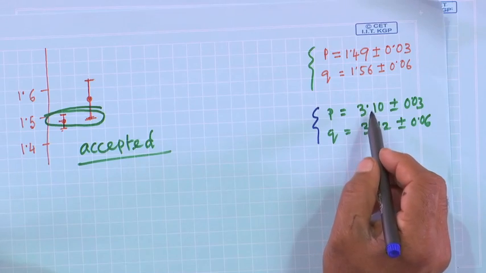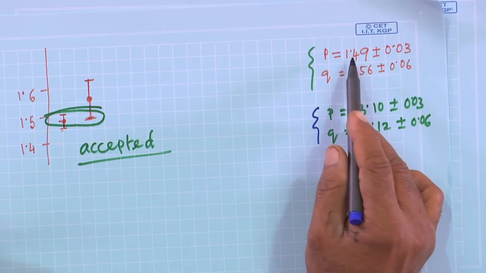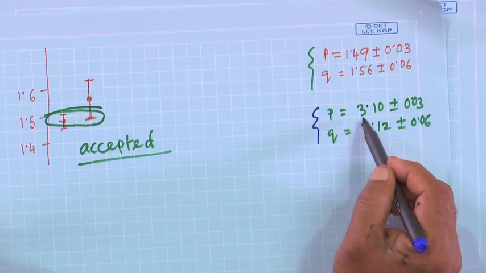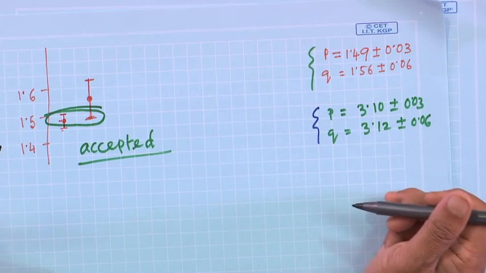After an elastic collision, the velocities of the two balls will be different. Although the masses remain the same in each experiment, you cannot control their velocity; it can be arbitrary. That is why the P value for this is 1.49, this can be 3.10.